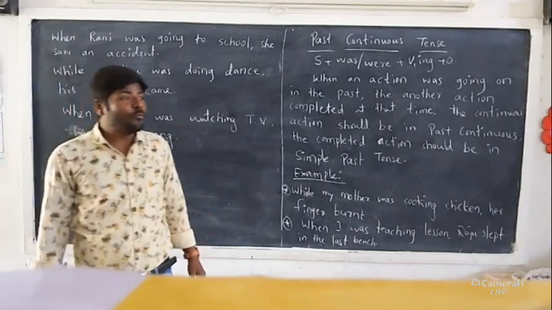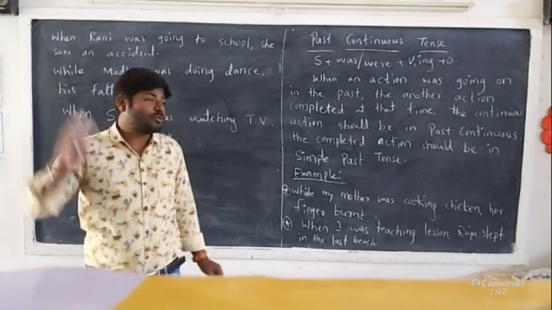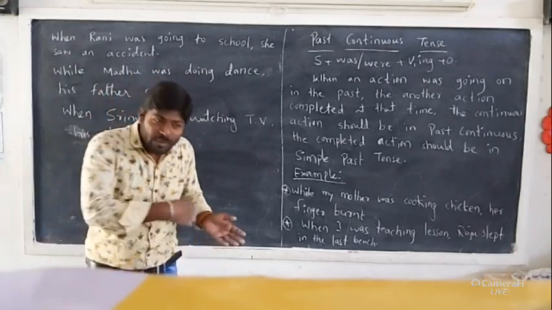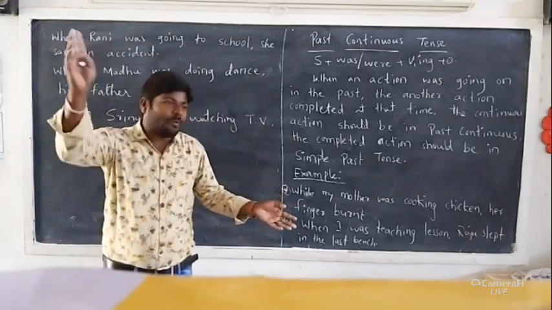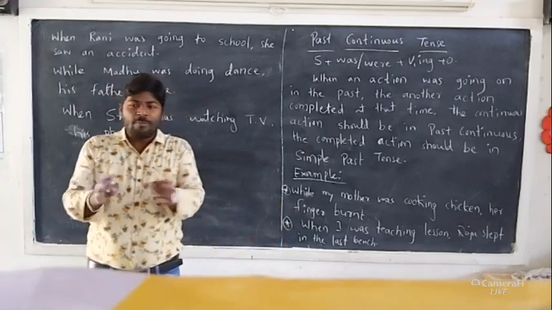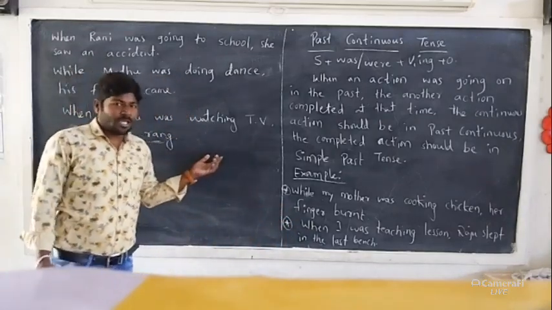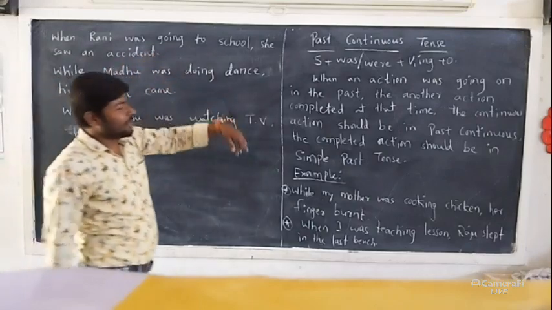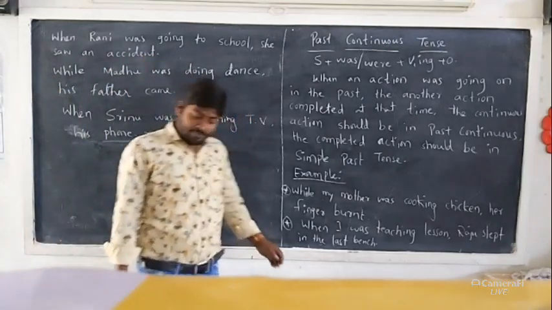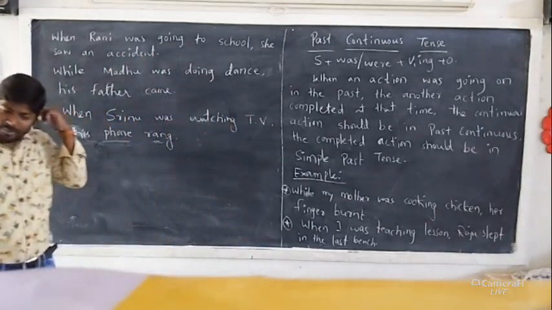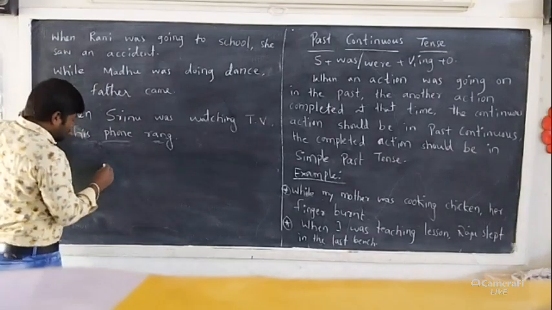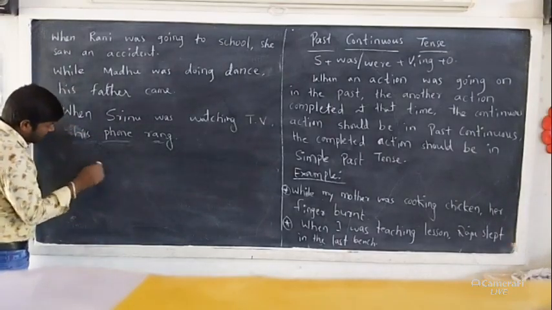Someone asked, when did you get a call from Raju? So when I was playing cricket, I got a call from Raju. So it's a combination of two actions. This is all about past continuous tense. And remember one thing, when you get editing classes and grammar, suppose I will write one example.